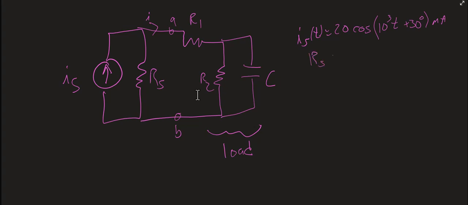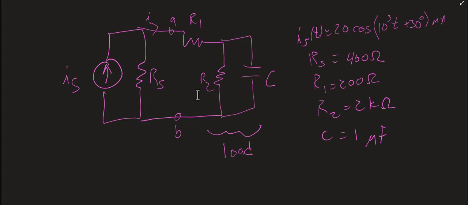Rs is 400 ohms. R1 is 200 ohms. R2 is 2 kiloohms. C is 1 microfarad.